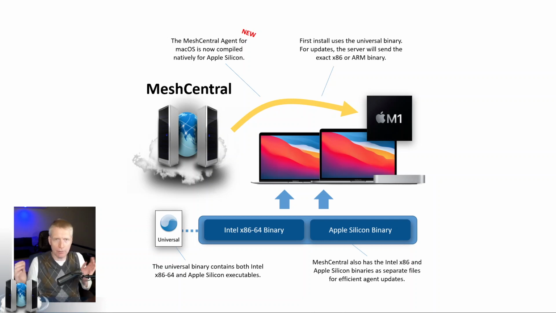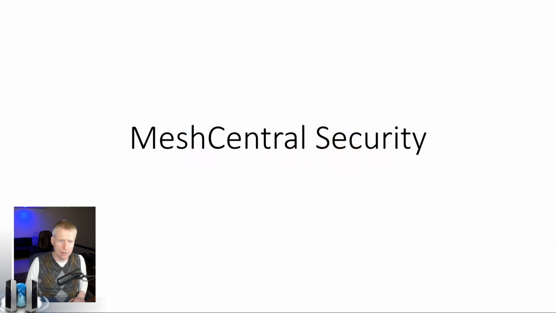We have a universal binary that includes both, but as the agent gets updated later by updated servers, then only the Apple Silicon or x86 binary will be sent, depending on what the device uses. So you start out with a universal kind of large binary, but then the updates will only be the one that you need for that device. So that's really cool and very efficient.